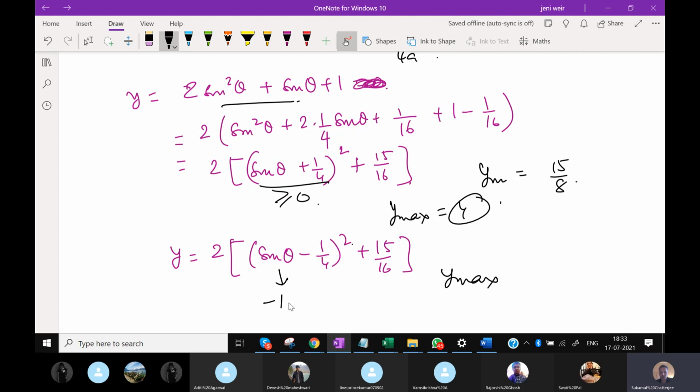So when this goes minus 1, this becomes minus 5 by 4. So this becomes 25 by 16 plus 15 by 16, which is 40 by 16 into 2, which is 40 by 8, which is 5. So you have to be careful when you have a negative here. When you have a negative here, you have to consider the negative value of sine or cos. Okay.